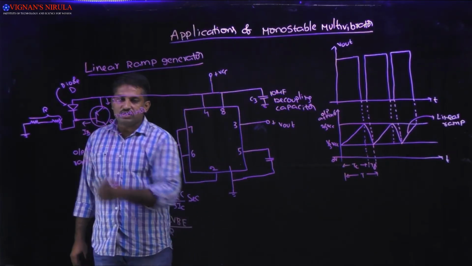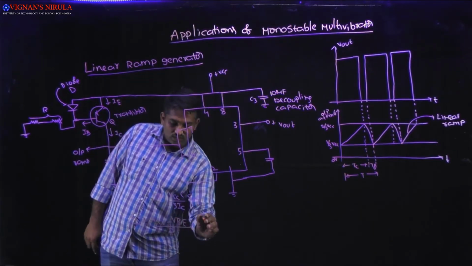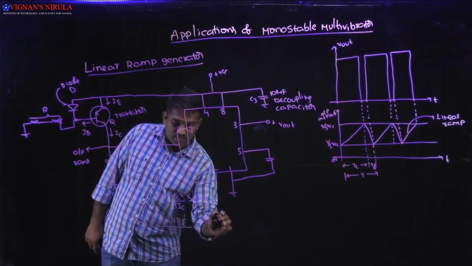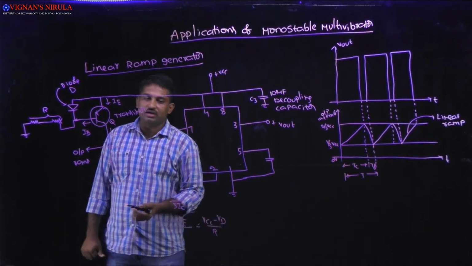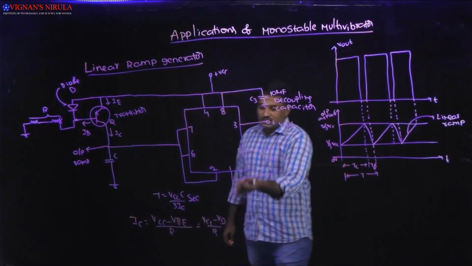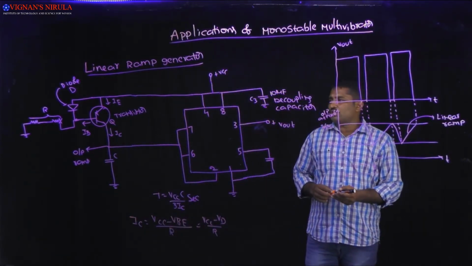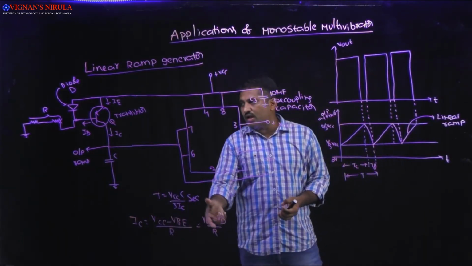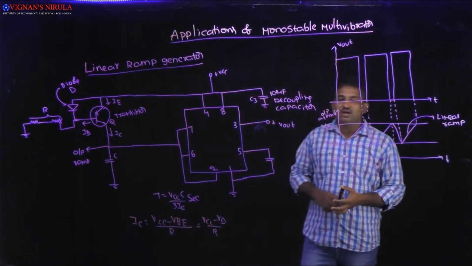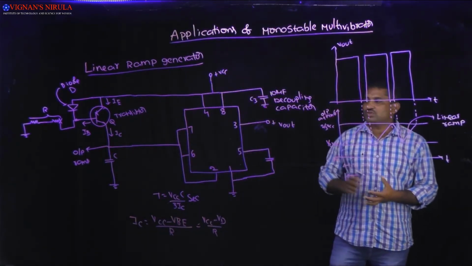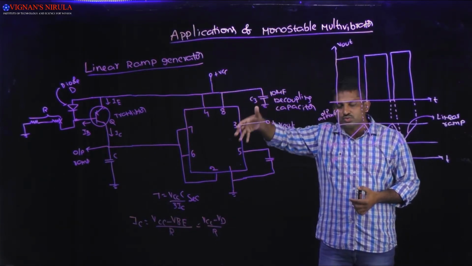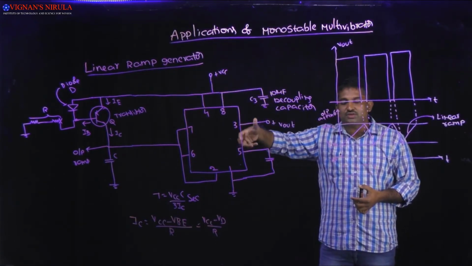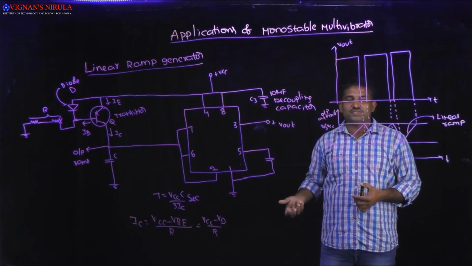Here VBE is nothing but VD, so we may also represent it as VCC minus VD divided by R. This is the voltage we are applying for the generation of the constant current source IC, and this constant current source is used to charge the capacitor towards plus VCC.